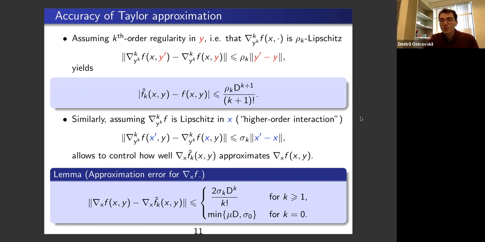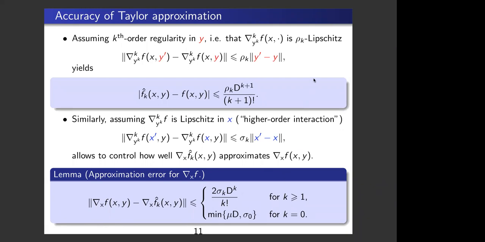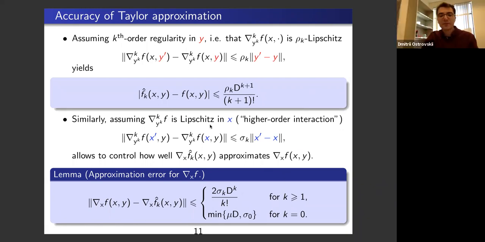If you also assume Lipschitzness of this tensor in X, in addition to the X assumption with some sigma k, then you will have the error of approximating the X gradient of the function here. Let me briefly mention that this sigma k is almost non-participating in the theory, as you would expect.